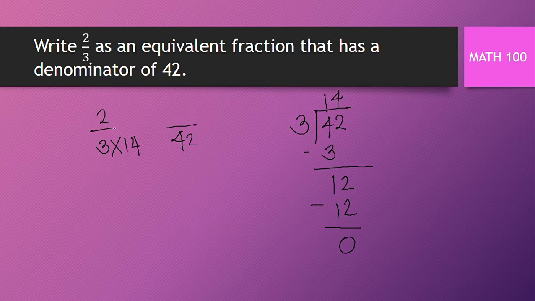So any number multiplied by 1 is still the number. So we're not changing it. So this time we are also multiplying your numerator by 14. And this is similarly 14 over 14, because when you multiply fractions, it will be numerator, numerator, denominator, denominator. That's multiplication of fractions.